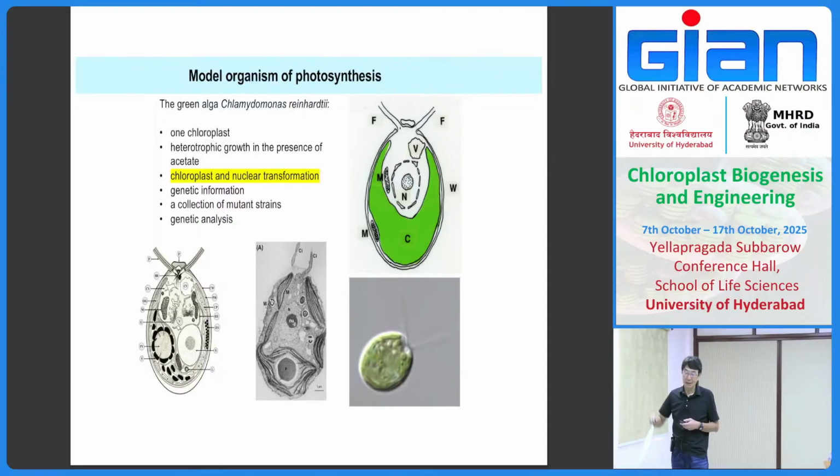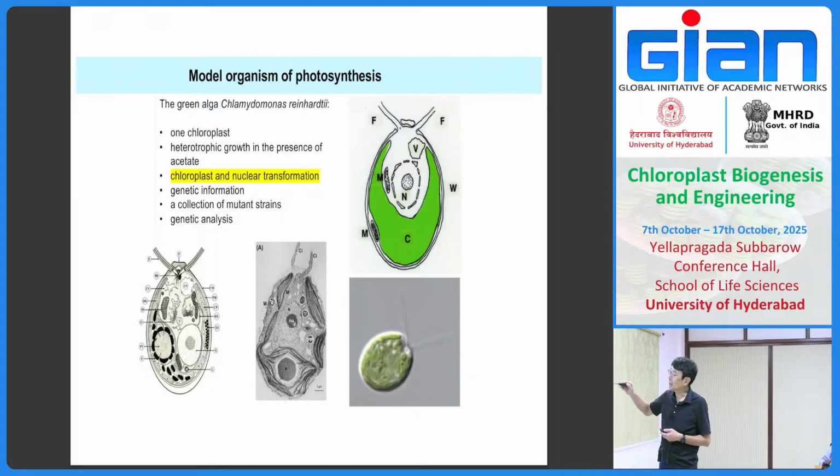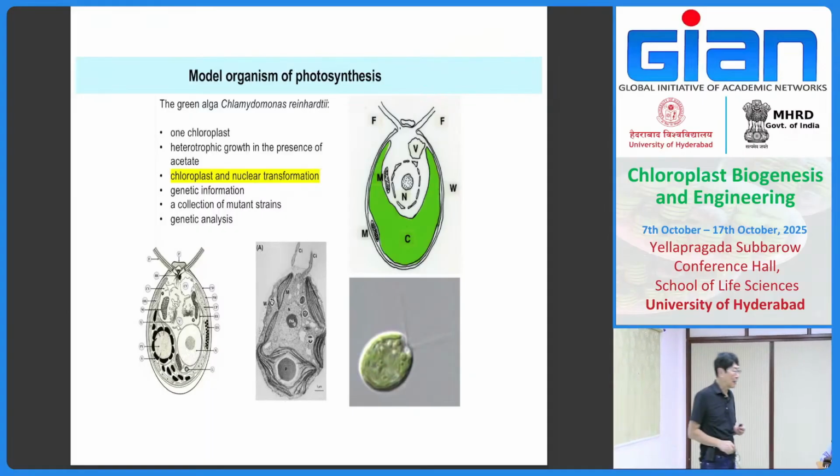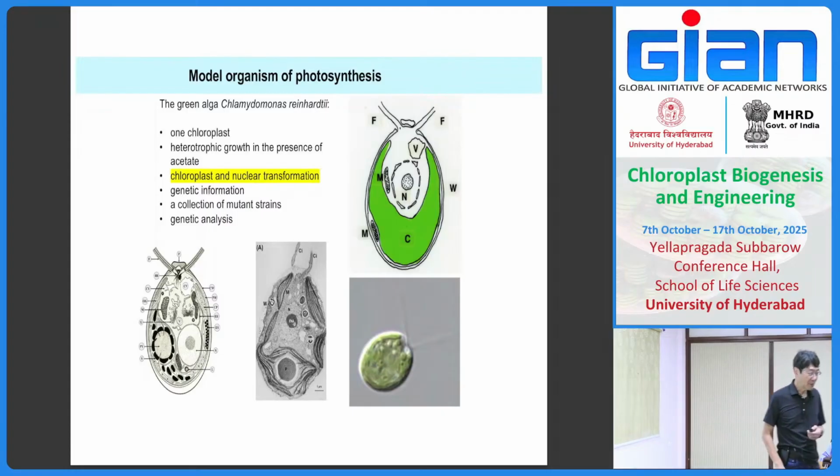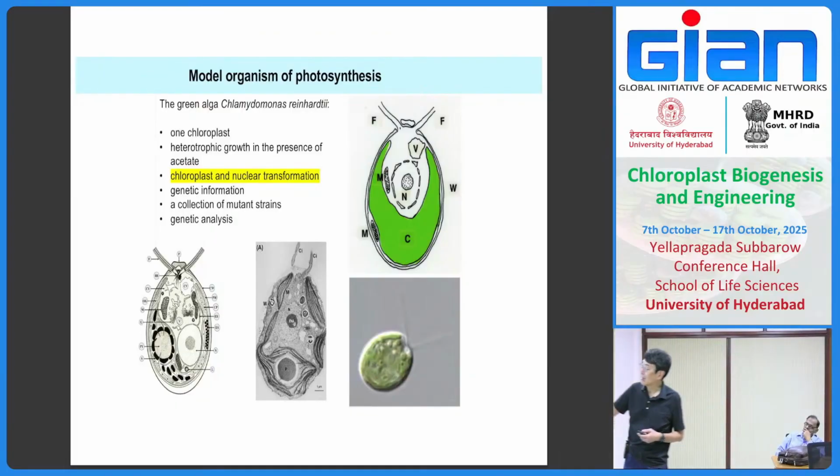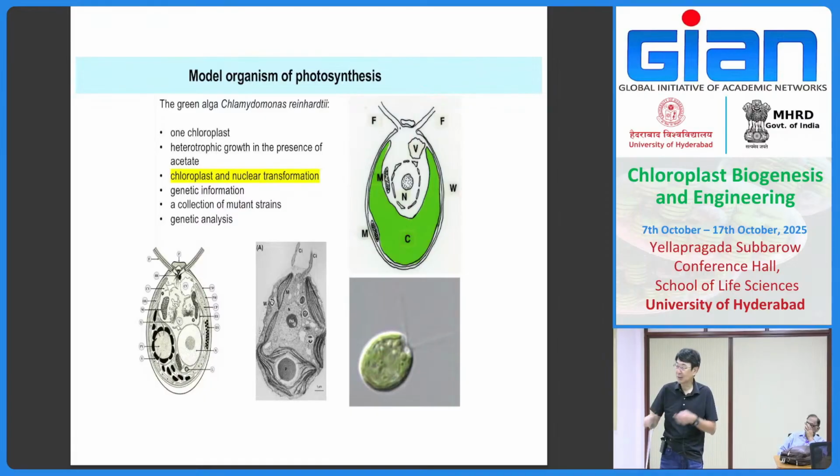So I just remind you of the structure of this cell. A single cell, with a nucleus and the chloroplast. You can see this on microscopy, and it looks like the flagella are moving around.